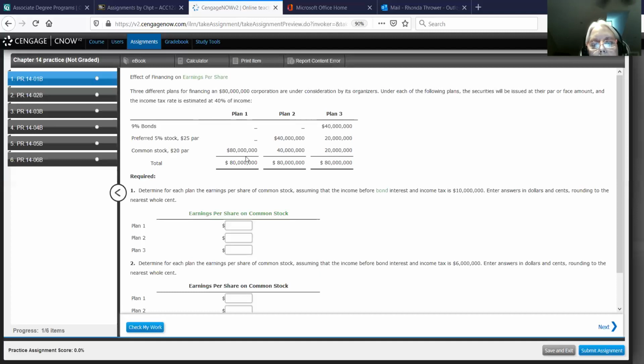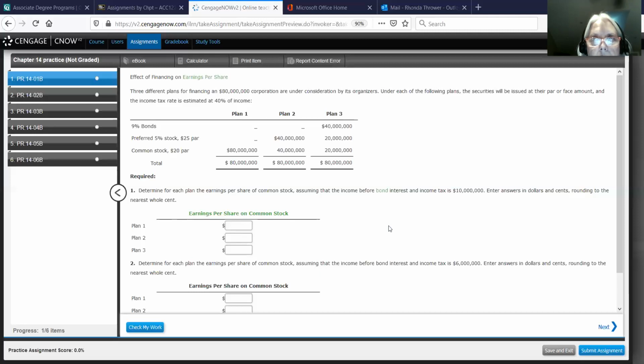So what we want to do is look at each one of these plans to see how it will affect net income and how it will affect something that we call earnings per share on our common stock. Before we get into earnings per share on our common stock, I really feel like I need to at least talk to you about the corporate form of an income statement.